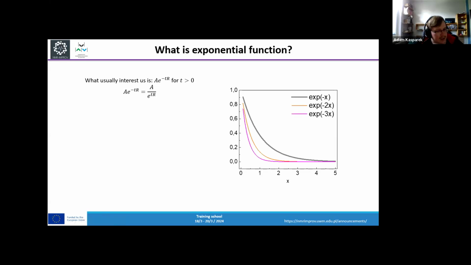And here is how such a function looks. For example, here we have e to the minus x, and if we take r as 2, it goes like that, a little closer to the axis. And then if we take 3, it goes a little closer to the axis.